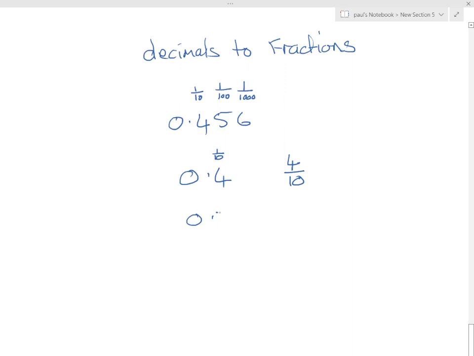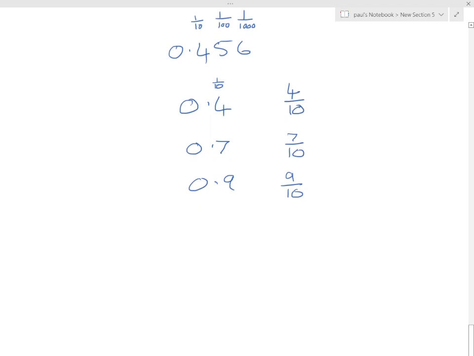Yeah, 0.7 will be 7 tenths. 0.9 will be 9 tenths, and so on and so forth. If it's in the next column, 0.05, this is in the hundredths column, therefore this will be 5 hundredths. 0.03 will be 3 hundredths.